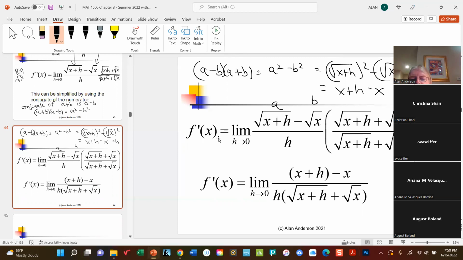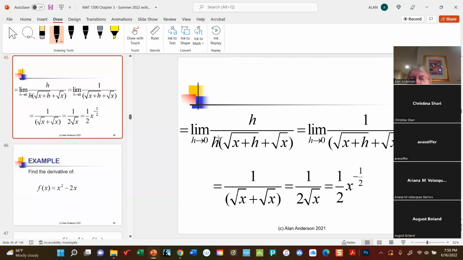So we're all relieved to hear that because it looks terrifying, but guess what? The h's cancel each other out. And now when you plug in the 0, it becomes so simple: 1 over radical x plus radical x, or 1 over 2 radical x. And let's remind ourselves that this is the same thing as x to the negative 1/2 power.